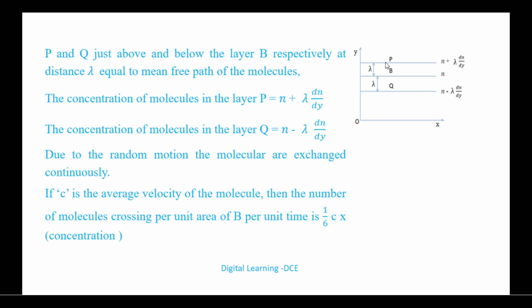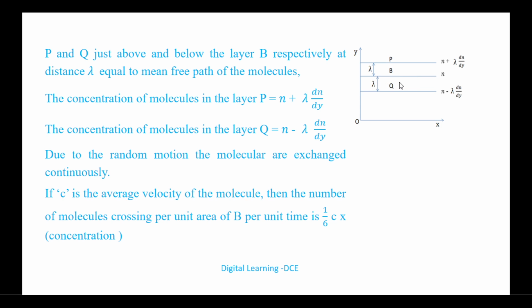We are assuming these two layers are at equal distance equal to the mean free path, in order to avoid collision of the gas molecules while moving between these two layers.